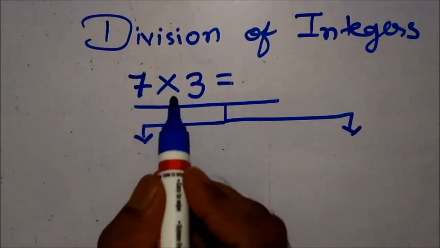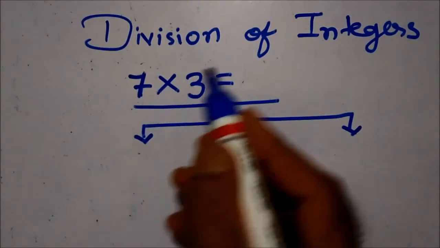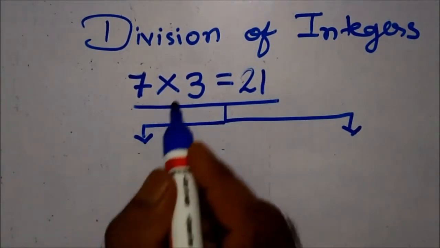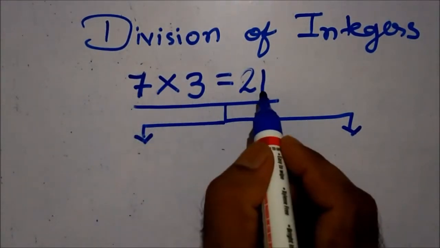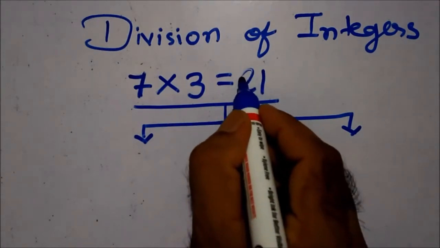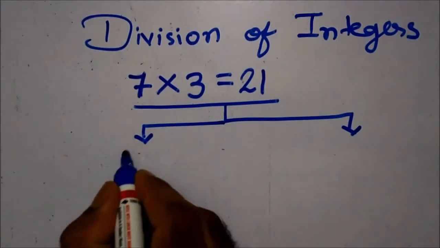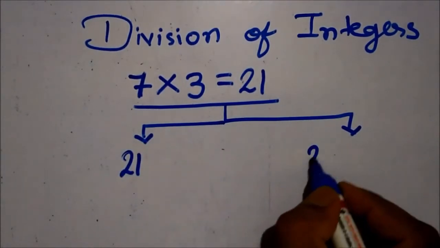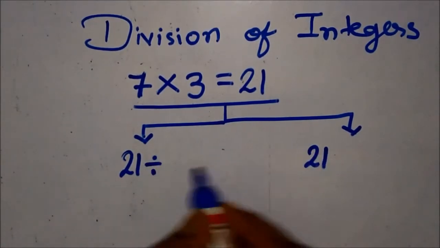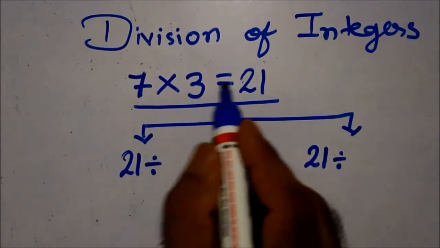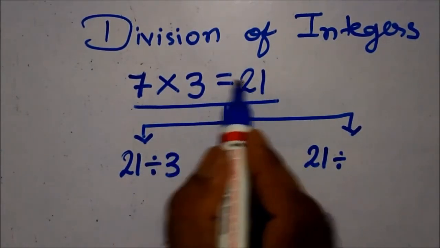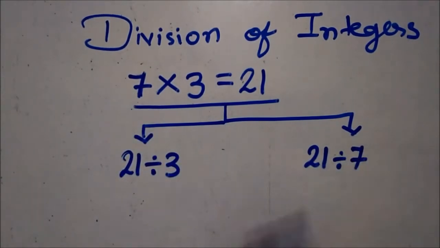Let's take one more example. 7 3s are 21. Let's represent this mathematical expression in terms of division. So 21, here also we will write 21. 21 divided by, first we will divide 21 by 3 and then second by 7.